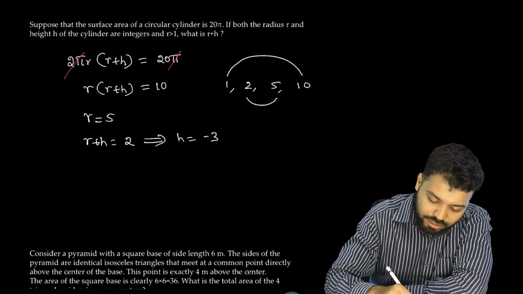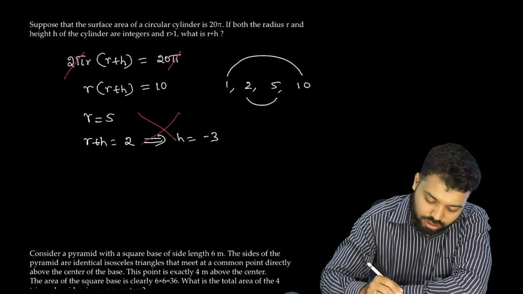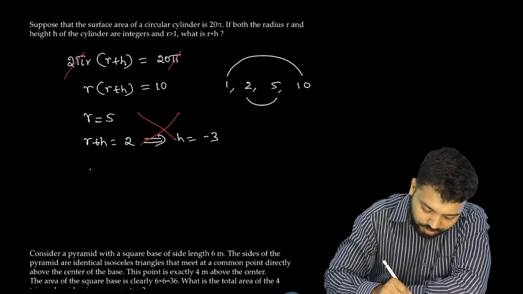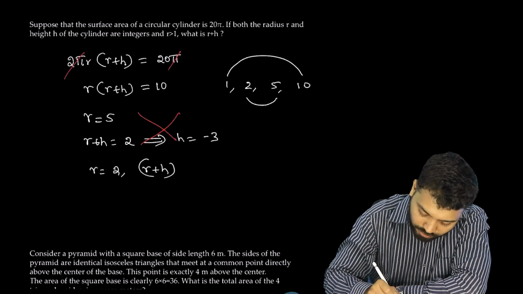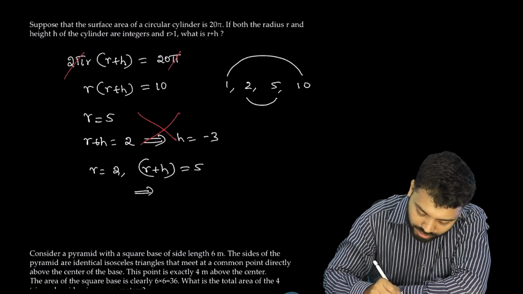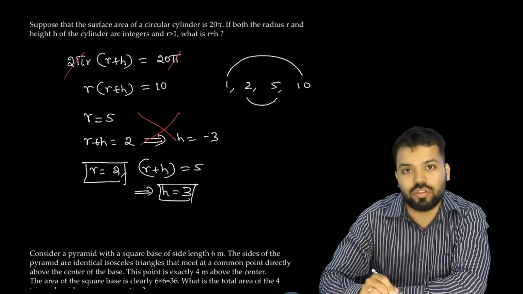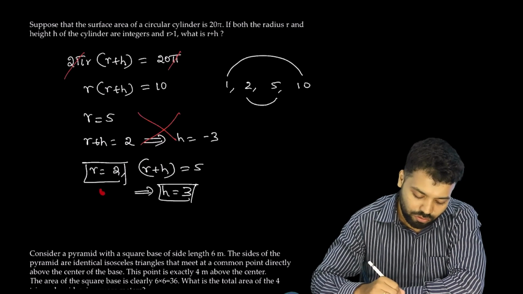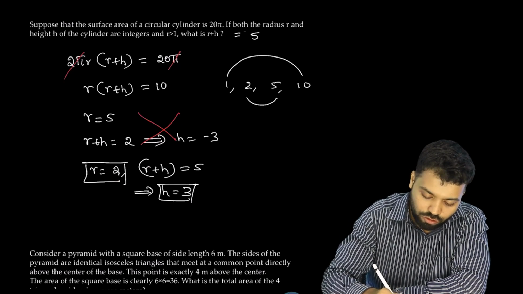Even this case is wrong, so we cannot use it also. The only case left is r equal to 2 and r plus h equal to 5, so h is equal to 3. Only this case is valid, so our r plus h will be 5.